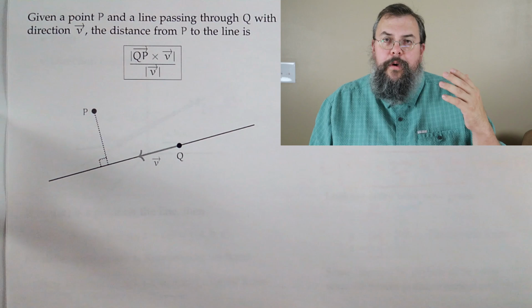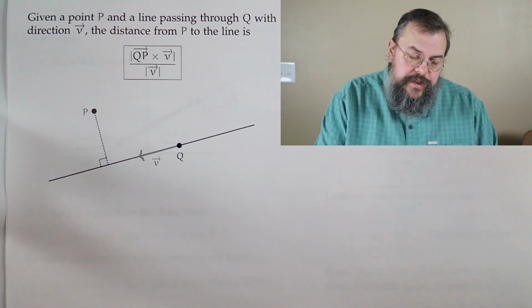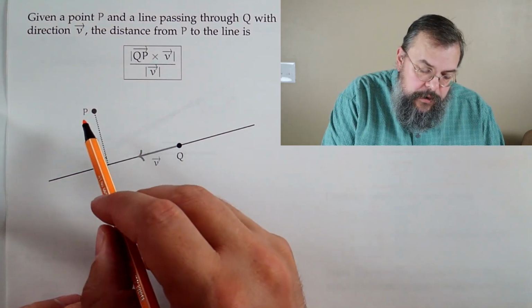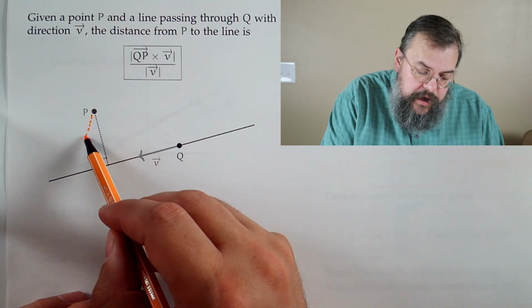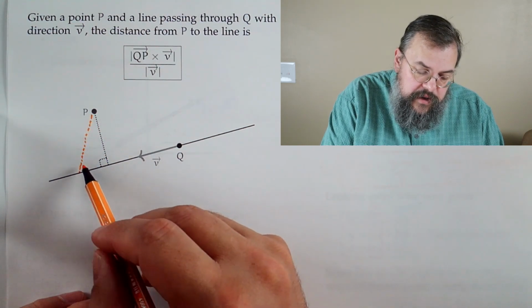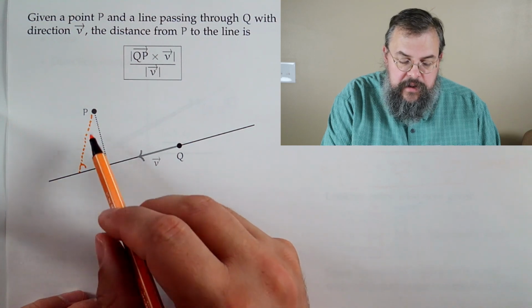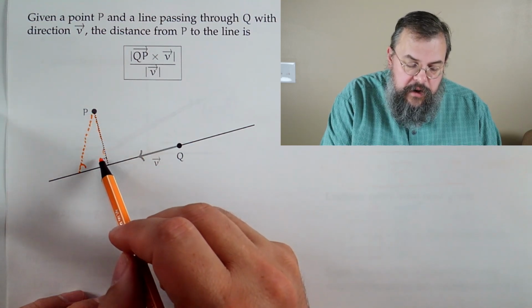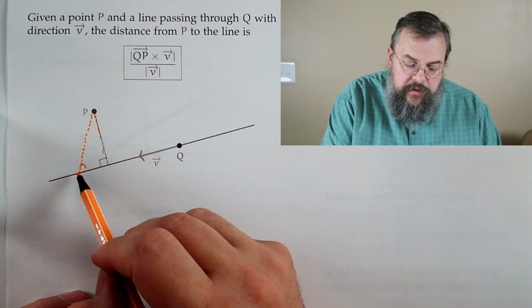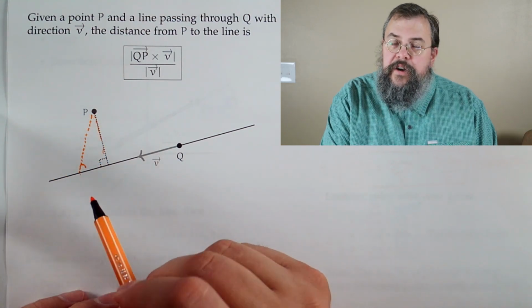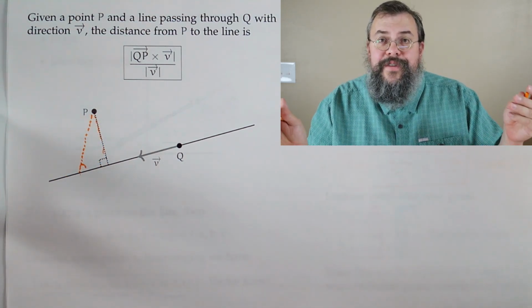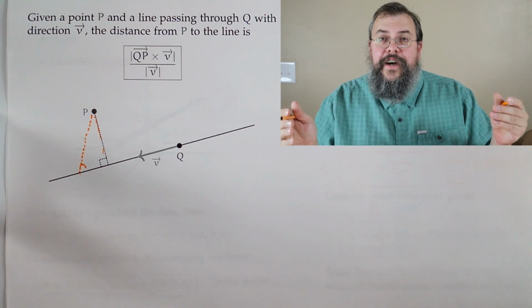And you might ask, well, why? Well, you can imagine if I went down here, and I said, that's not a right angle, and I compare it to the right angle, well, you get a right triangle right away. And what's true about a right triangle is the hypotenuse is always longer than the other sides.